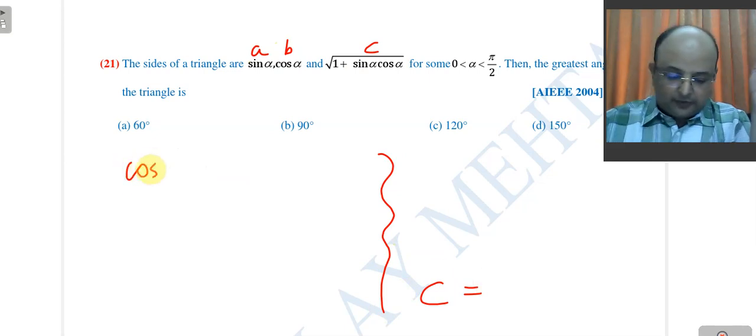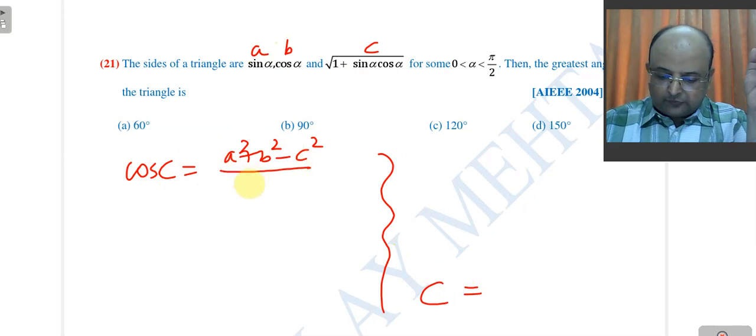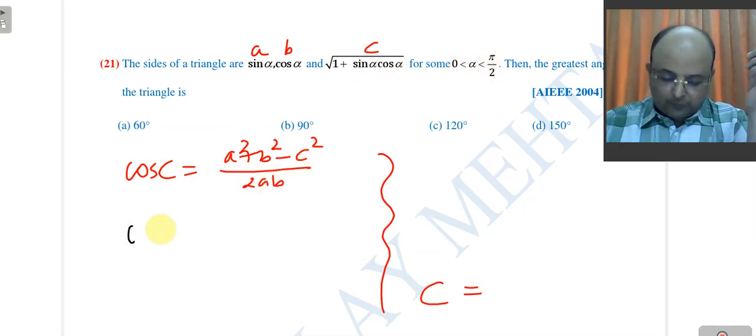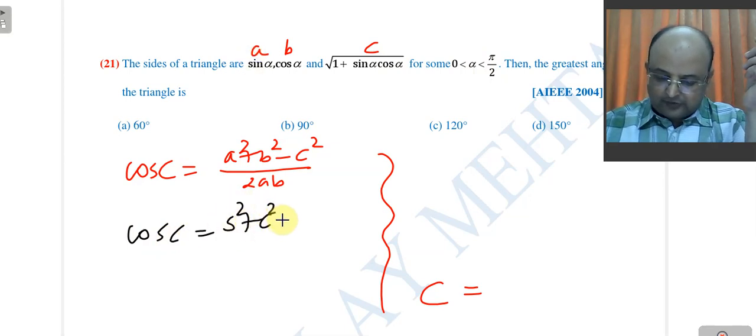I go for the formula of cos C: (a square plus b square minus c square) upon 2ab. I want to find out cos C. Your a square plus b square, that is sin square alpha plus cos square alpha, minus 1 plus sin alpha cos alpha, upon 2 sin alpha cos alpha.